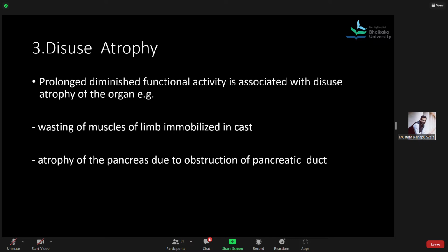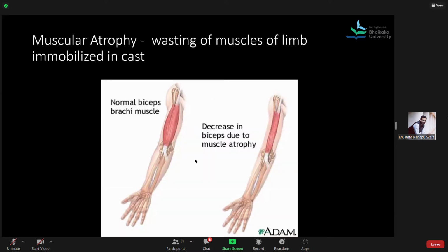That is why these days even the orthopedic surgeons, after the first 3 weeks, usually tell that the functional movement in that limb needs to be maintained so that the muscles in that limb don't undergo disuse atrophy, right? Okay, so again, this is what happens. Let's say I have got my normal biceps, right? And because of a fracture in my upper limb, it would have been immobilized in the cast, and that would in the long run cause atrophy of the biceps muscle.